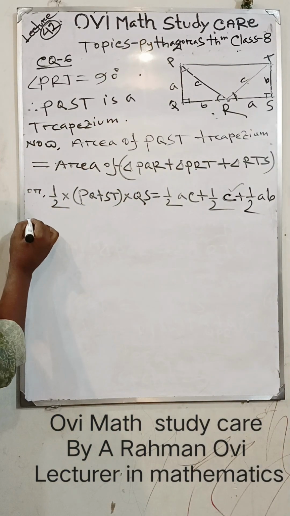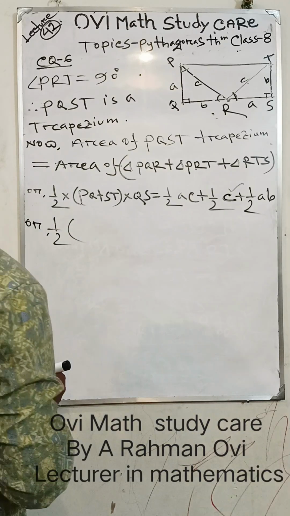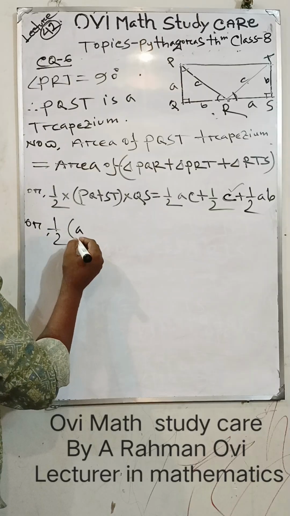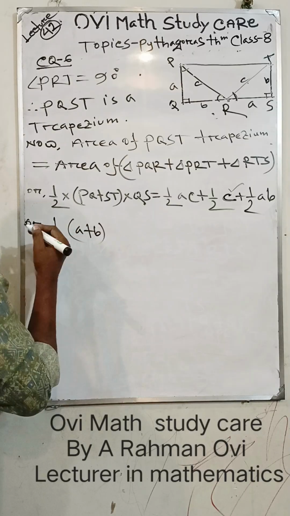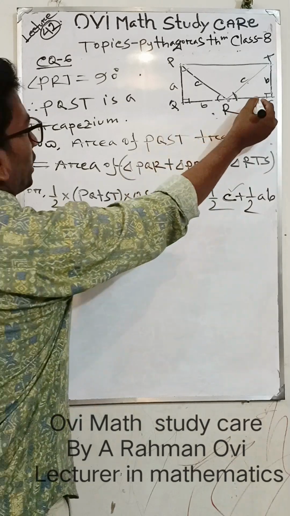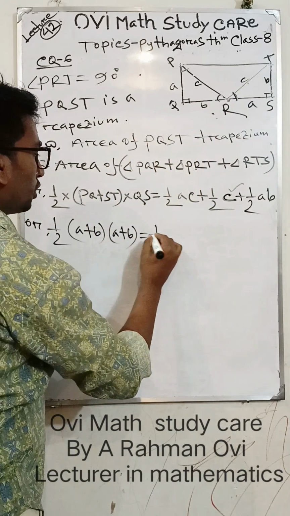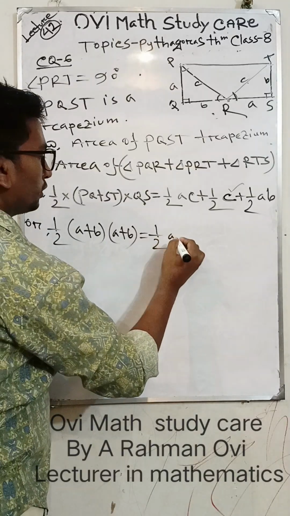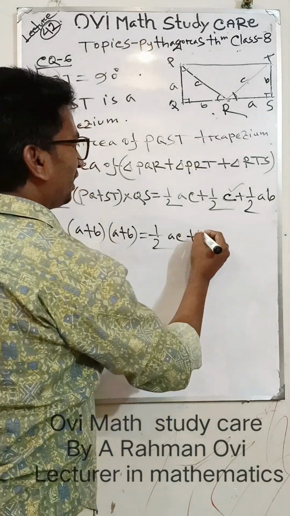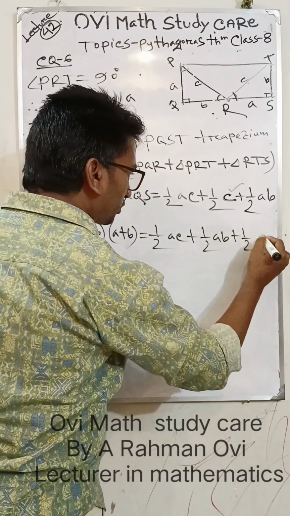So we can write half of PQ, that means A plus B, and QS is also A plus B, equals half of AC plus half of AB plus half of C square.